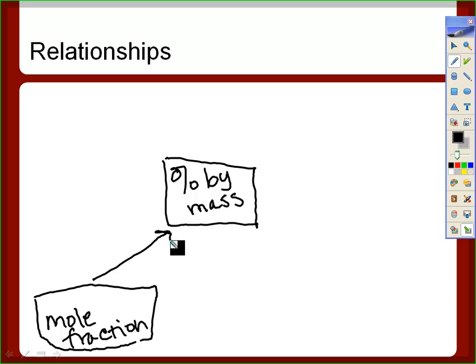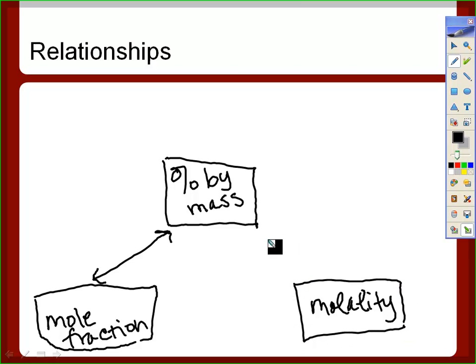So I'm going to make a double-sided arrow. And if you know percent by mass, you can go back and forth between molality and percent by mass. We've done some of that. And then actually, you can go back and forth between molality and mole fraction if you want to. So this is like a big circle. You can go back and forth through all of these.